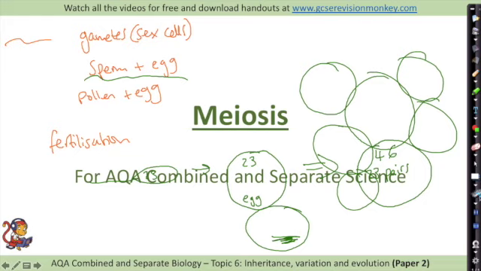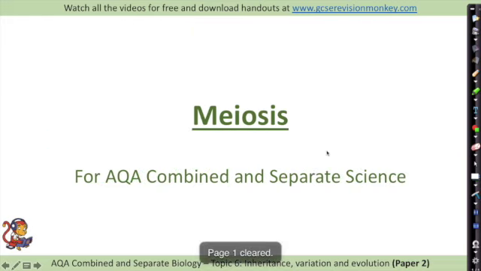Next, we're going to talk about meiosis, which is a different type of cell division that happens in the ovaries and the testes. Meiosis is the process by which gametes are produced. So it happens in the reproductive organs, ovaries and testes.